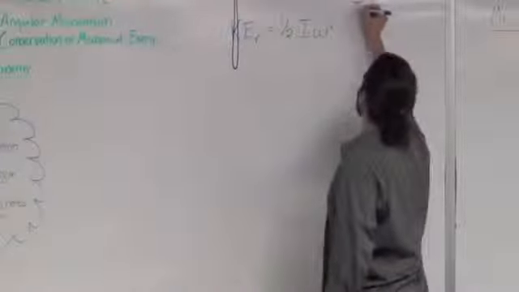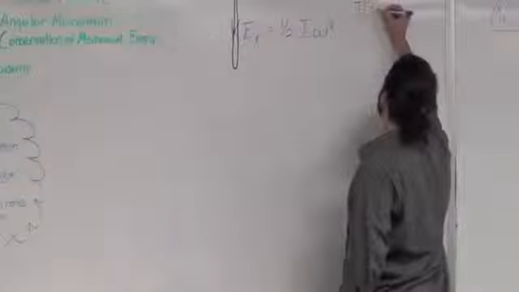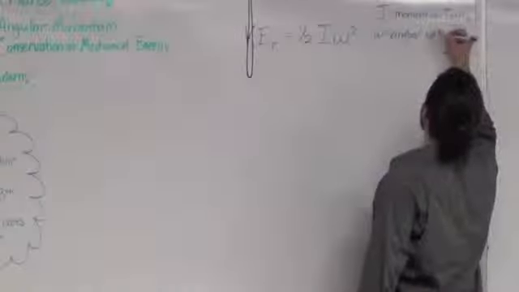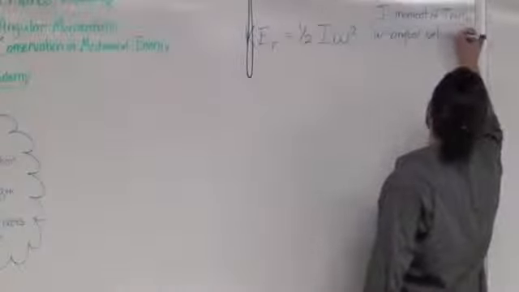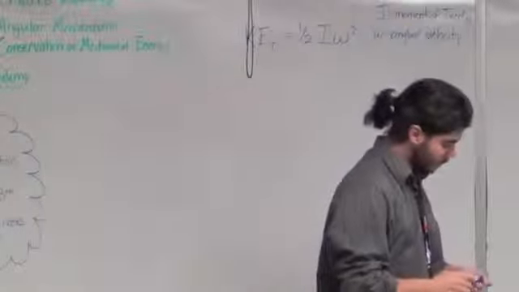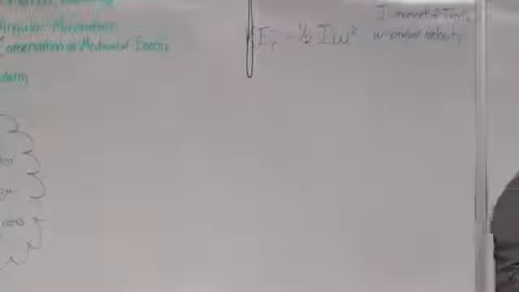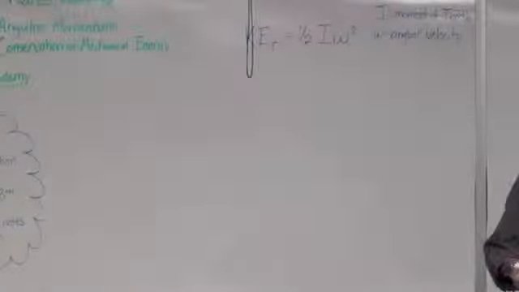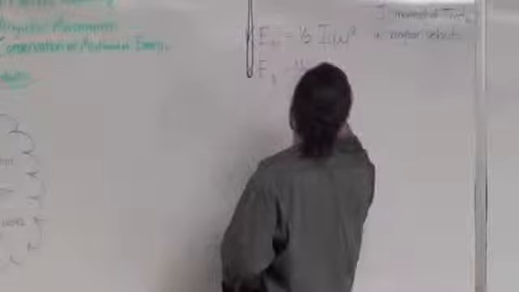Again, I is the moment of inertia, and omega is your angular velocity. So, you might notice that this is very similar to normal translational kinetic energy, which is 1/2 mv squared.